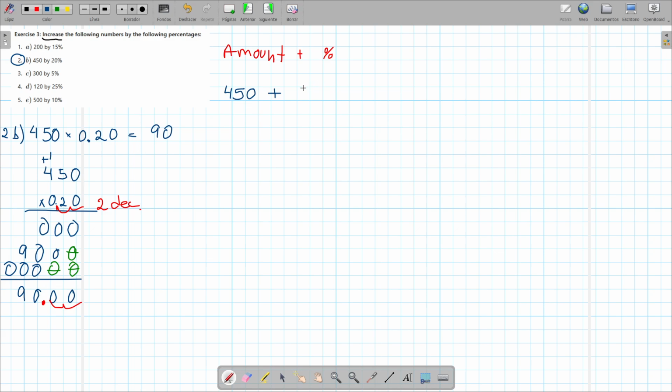In this case, is 90. 450 plus 90 will be 540. So this is going to be my answer. If I increase 450 by 20%, my answer would be 540. Okay?